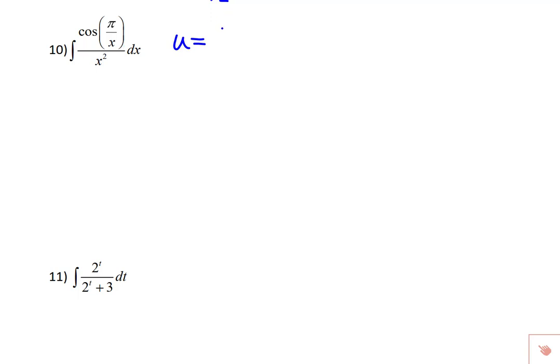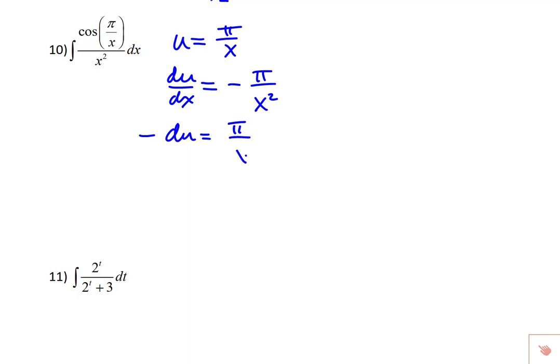but let's let u equal pi over x, because then du dx will end up being negative pi over x squared. If we multiply both sides by dx, we'll end up with du, and not only that, but divide by negative, so we'll say negative du equals pi over x squared dx.